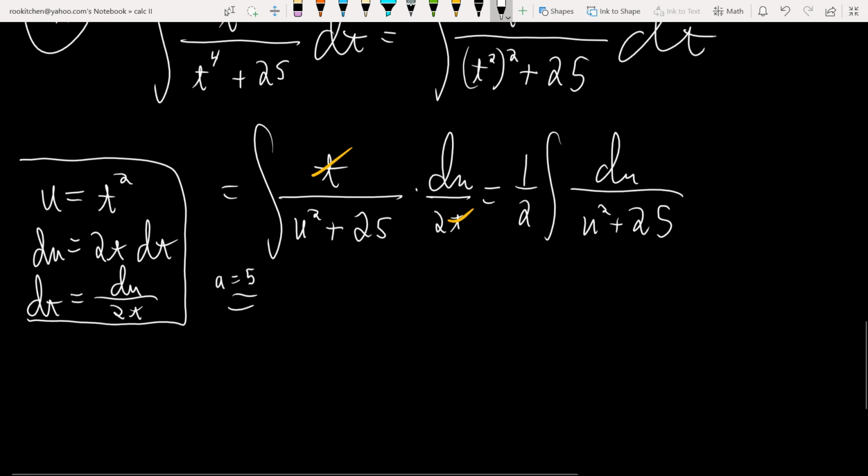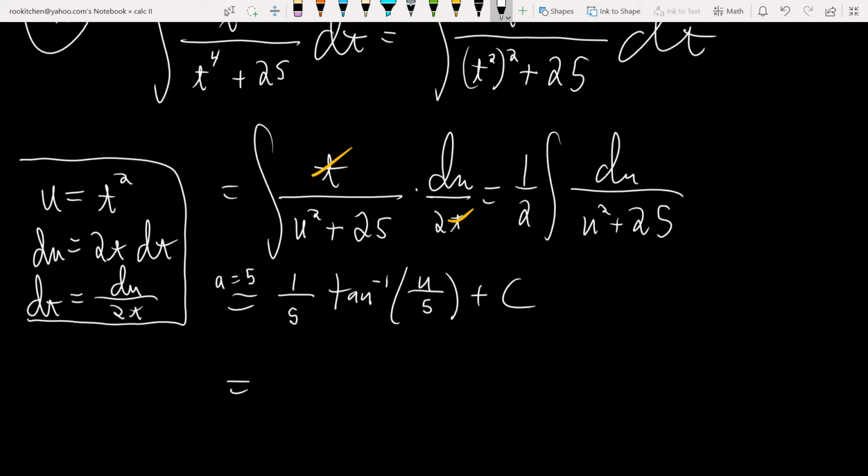Okay, so just plugging and chugging then. 1 over a is 1/5 tan inverse of u all over a plus c. And that will be 1/5 tan inverse of t squared over 5 plus c.